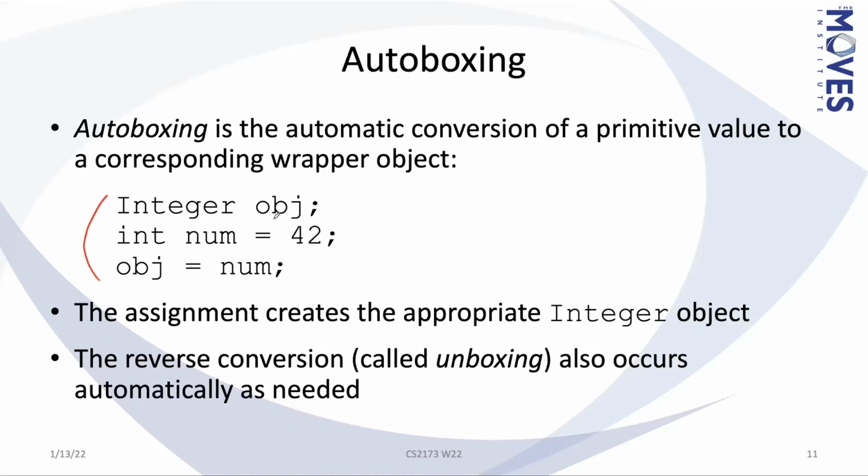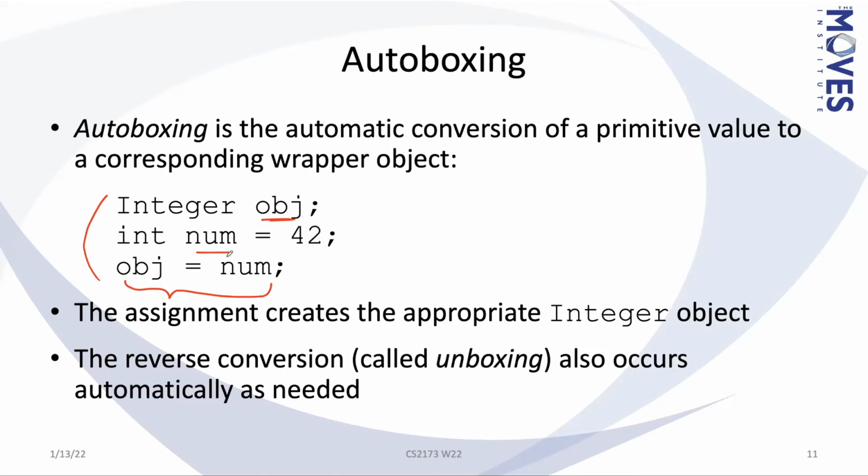We define obj to be an object of type Integer. num is a primitive of type int. Now, normally syntactically, this doesn't make any sense. Syntactically, this code shouldn't work, but thanks to autoboxing, it does work.